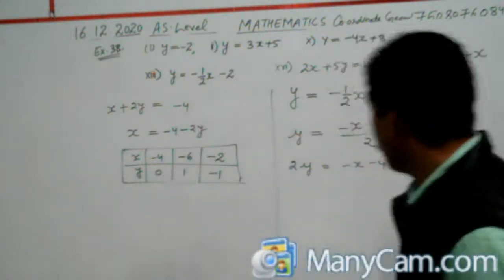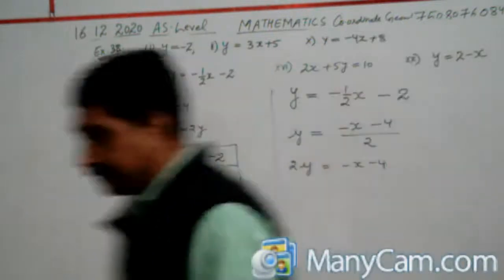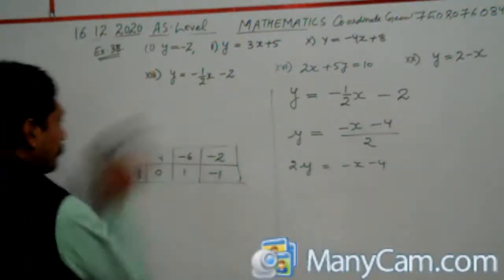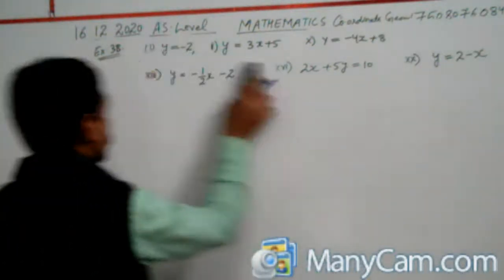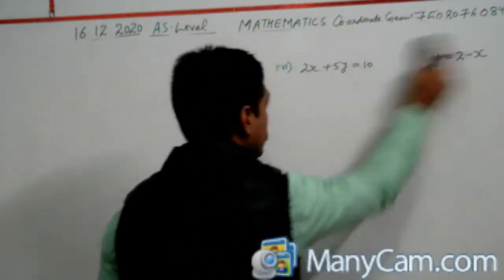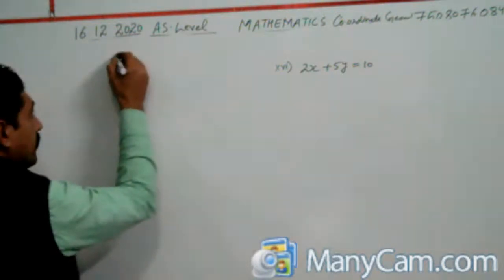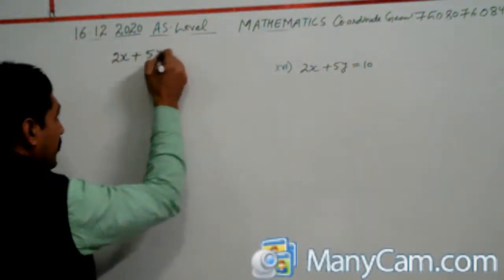In the same way, we are left with the 16th part and two parts. So here, this is an exercise. One part is left, that is 2x plus 5y is equal to 0.